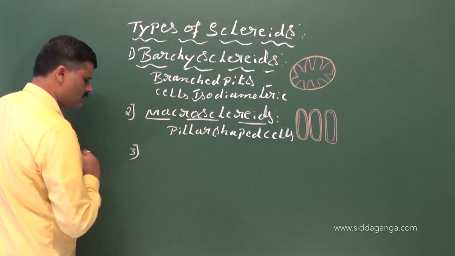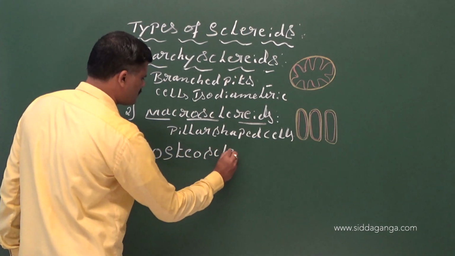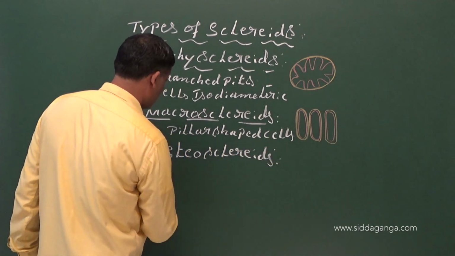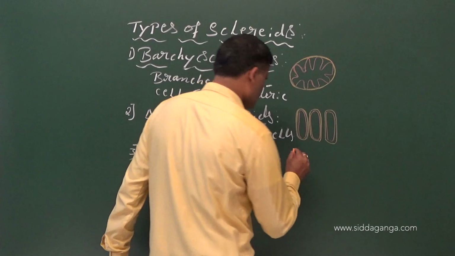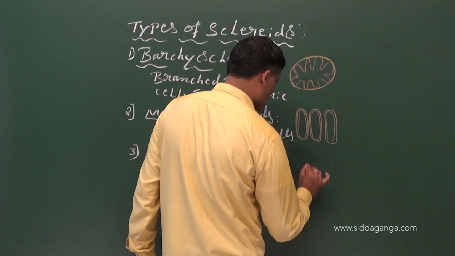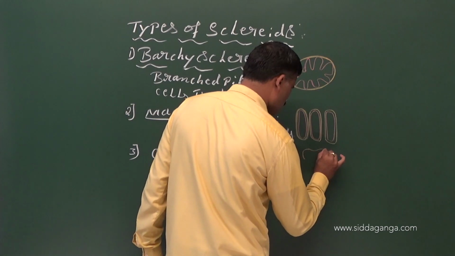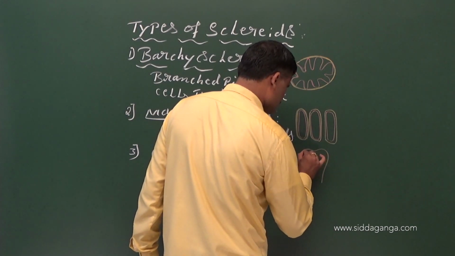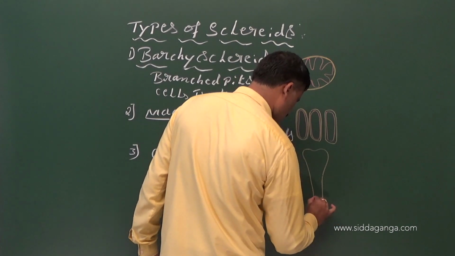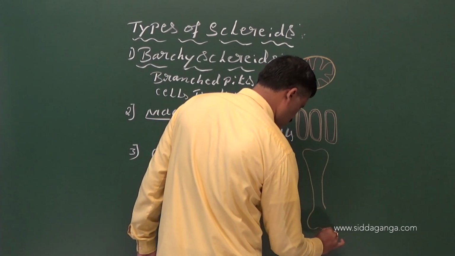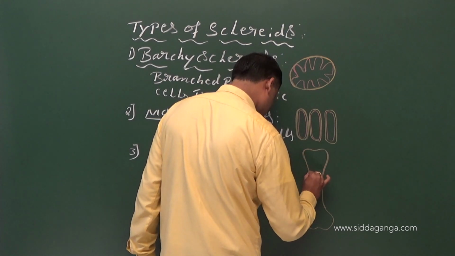Next, the third type is Osteosclerids. In Osteosclerids, the name itself indicates the shape of the cell: the cells appear in the form of bone shape.